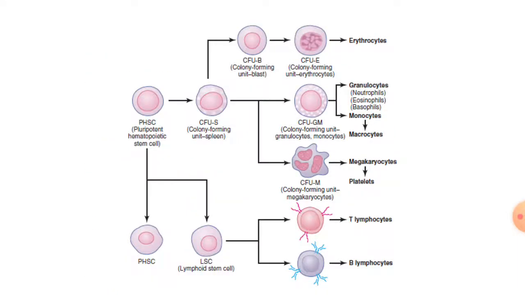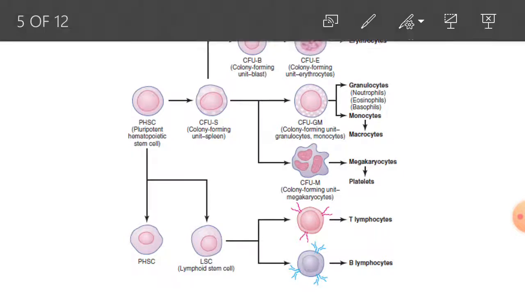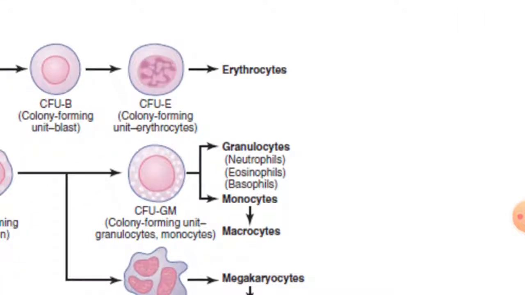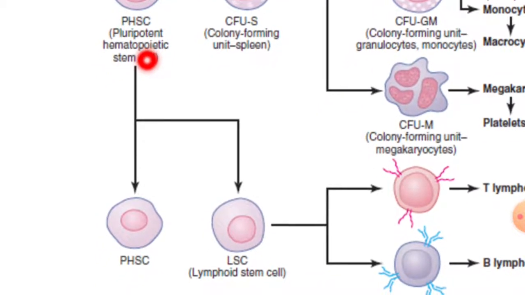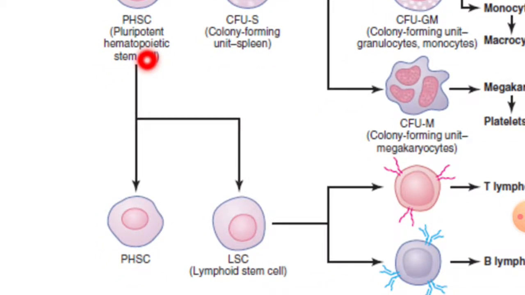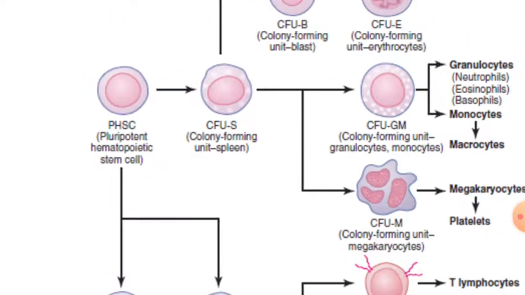The formation of a blood cell, or the genesis of a blood cell. The blood cells in general live in the bone marrow, and the precursor of all types of cells is the pluripotential hematopoietic stem cell, which undergoes division and proliferation, and it will form the committed stem cell.